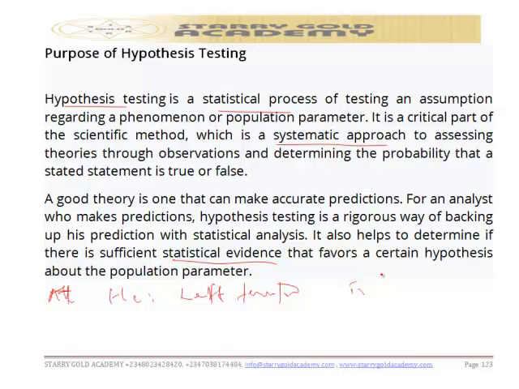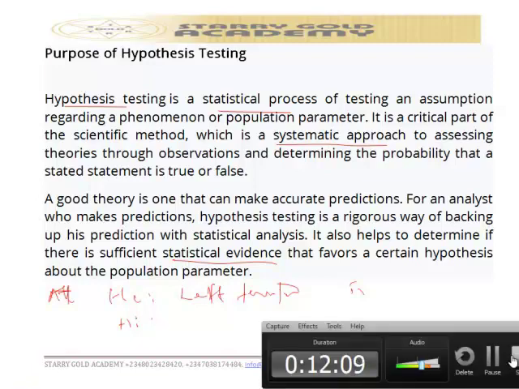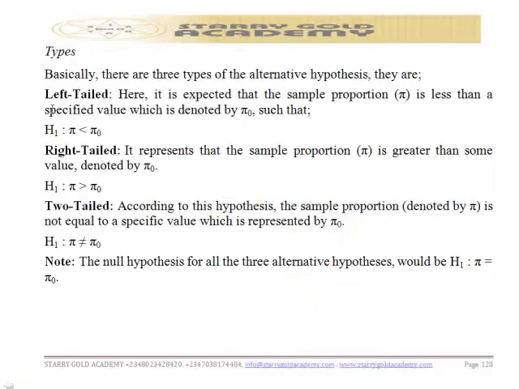Left-tailed is when it's expected that the sample proportion is less than the specified value. That is, H1: pi is less than pi naught.